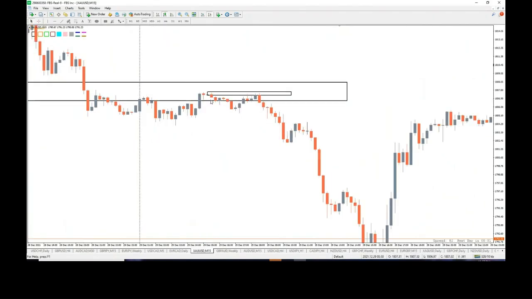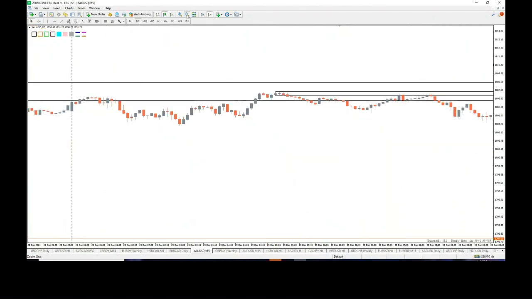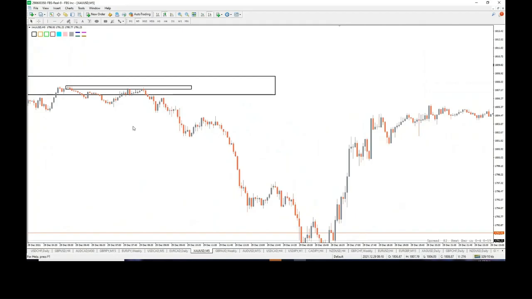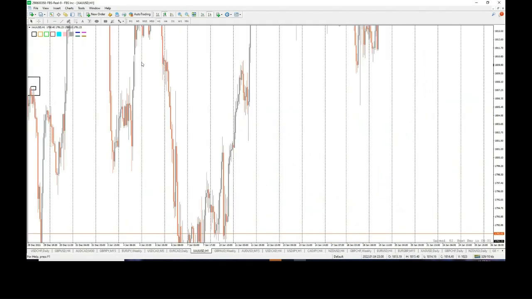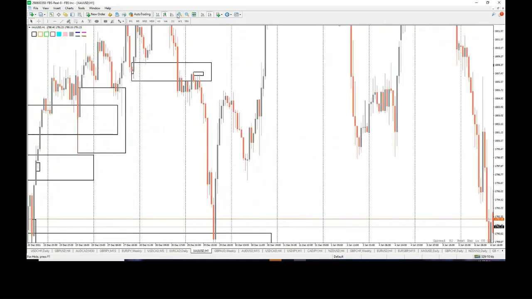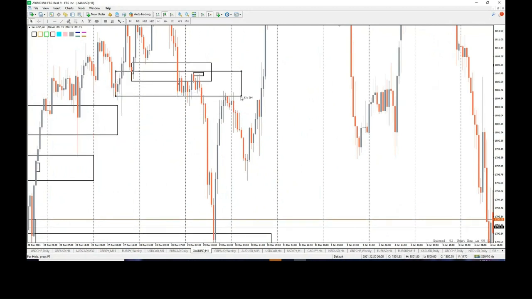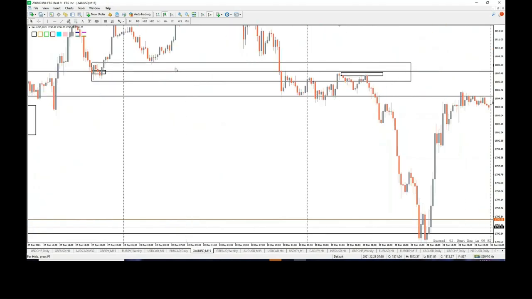We have to go to a lower time frame and find those entries. If there's any more breakout, that is important. We have to wait for the breakout. Price is coming here, right?